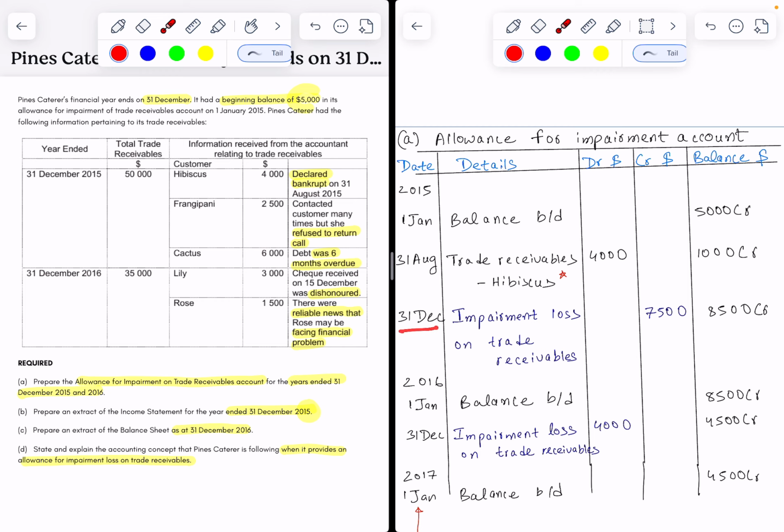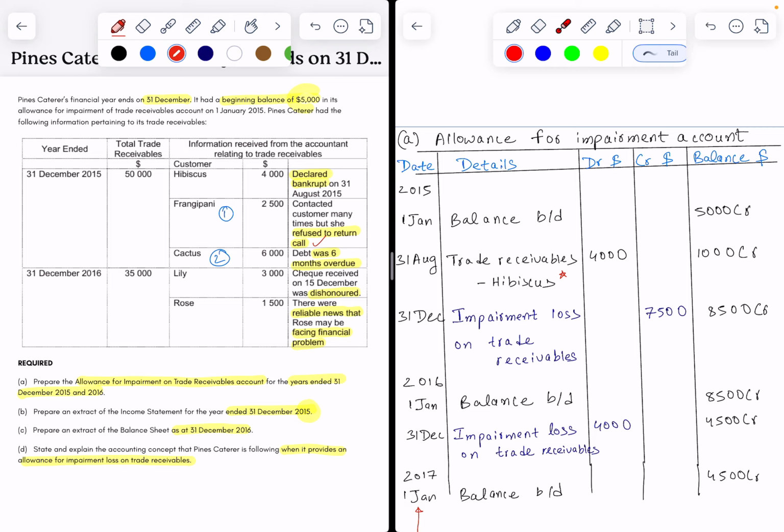On the end date, we have two more customers left. After Hibiscus is sorted, we have Frangipani and we have Cactus. If you look clearly into the narration given next to the amounts for each of these customers, we understand that we cannot really reach them. Frangipani has refused to return our calls, and we have contacted this customer many times.